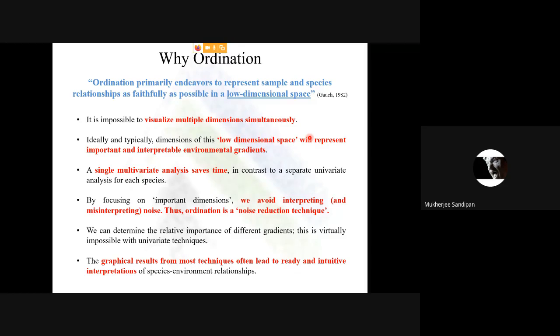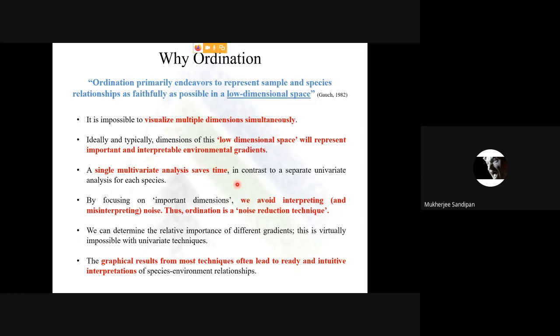It is impossible to visualize multiple dimensions simultaneously, and therefore you do ordination. Again, ideally and typically, the dimensions of the low dimensional space will represent important and interpretable environmental gradients. A single multivariate analysis saves time. There are many methods, as I will show in my subsequent slides, by which you can do multivariate analysis, but a single method where you can reduce the dimensionality of the data and very easily picturize the data saves time.